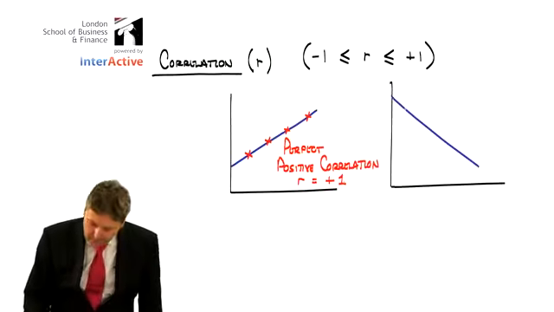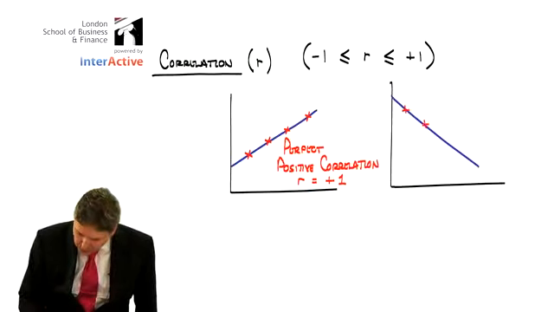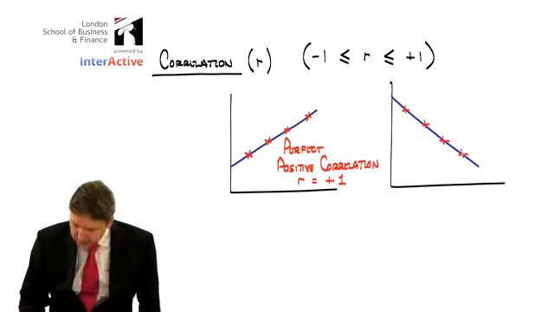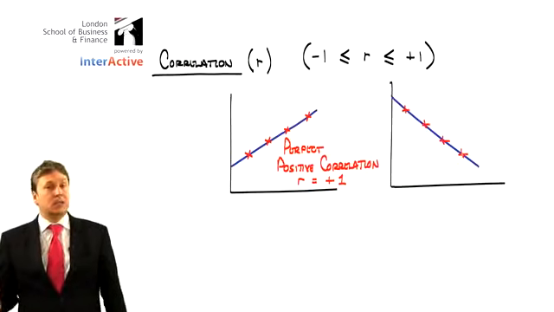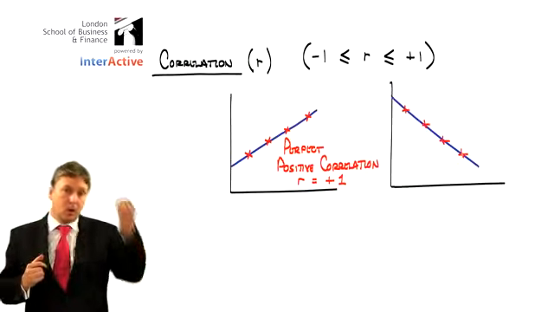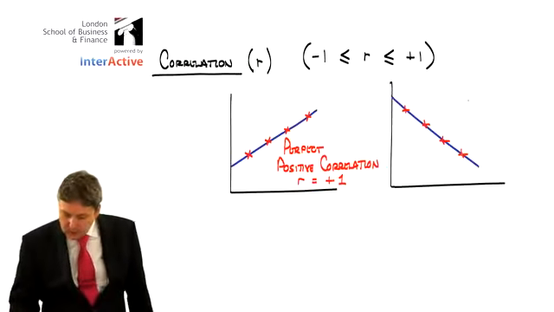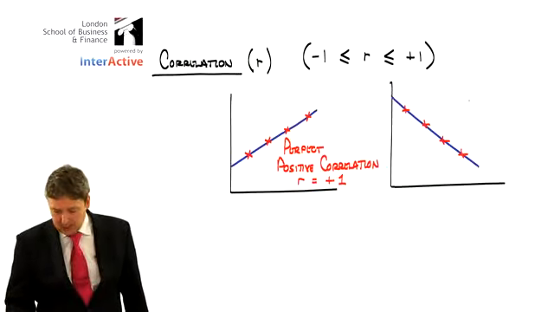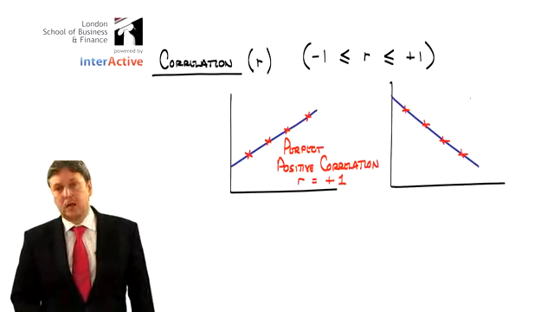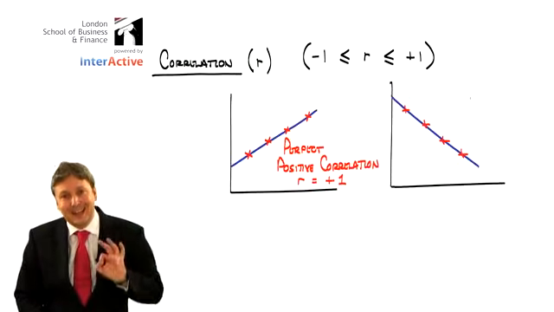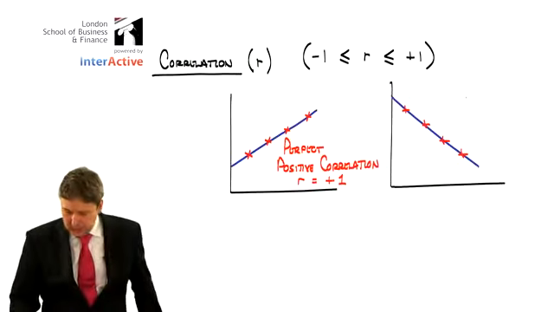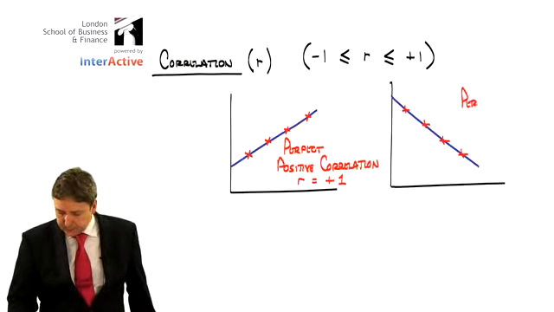If, however, there is an inverse relationship between x and y, in simple terms, as x rises, y falls. This is an inverse relationship, and we would describe it as negative correlation. If you look at my example, all of the values lie on the line. So here we have perfect negative correlation.